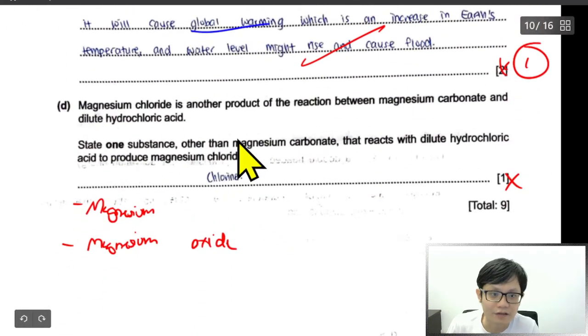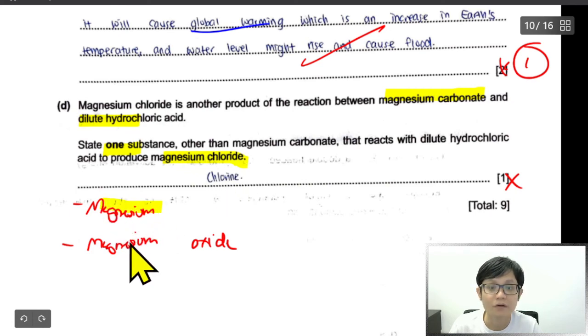Magnesium chloride is another product of the reaction of magnesium carbonate and HCl. Name one substance that can react to get magnesium chloride. So what you can do is either use magnesium or magnesium oxide.